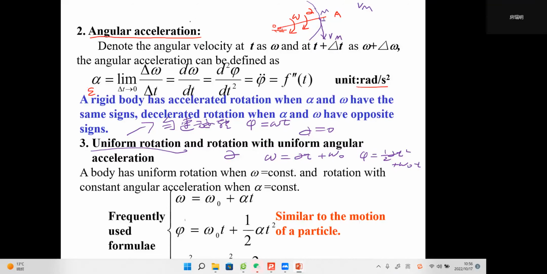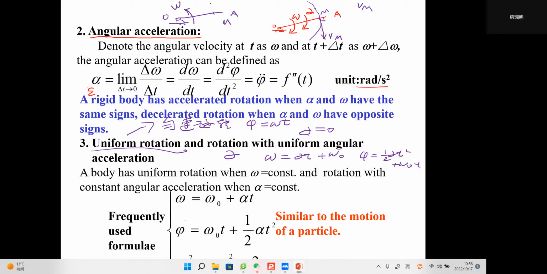Maybe I will show you another case. Maybe we have this OA with omega in this direction. Then we can find this VM. First we link OM, then we fold this MA part along the direction of omega, because this one is CCW.